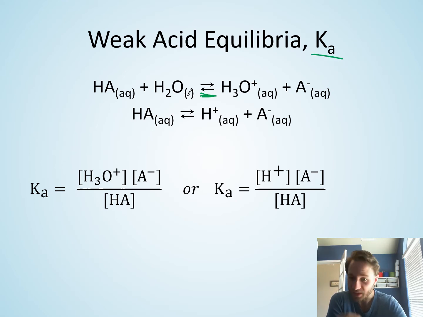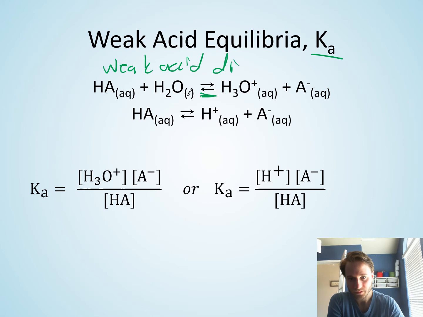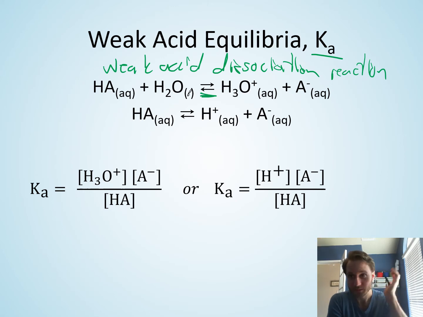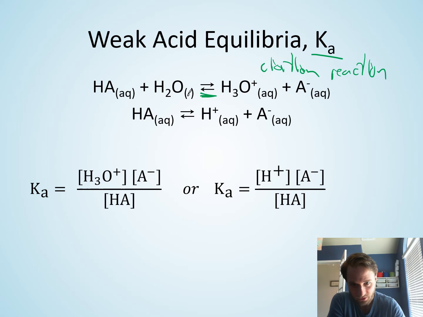This is just a normal equilibrium constant like we talked about in chapter 15, and we're giving it the subscript A to indicate it is for a weak acid dissociation reaction.